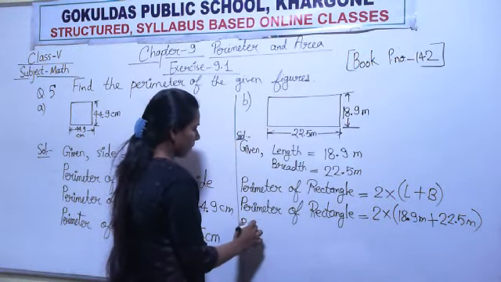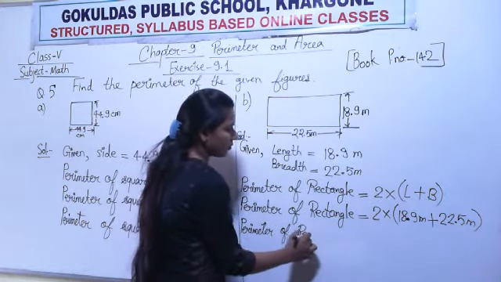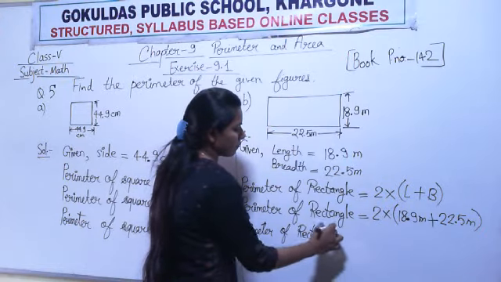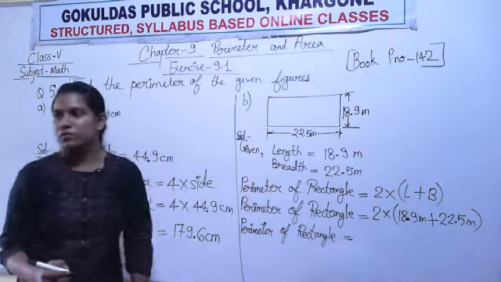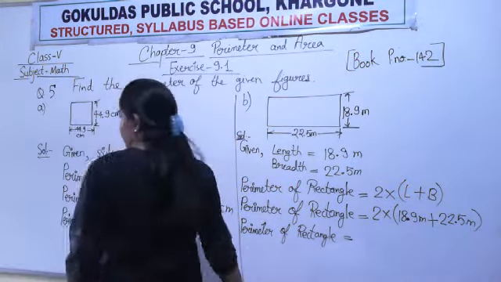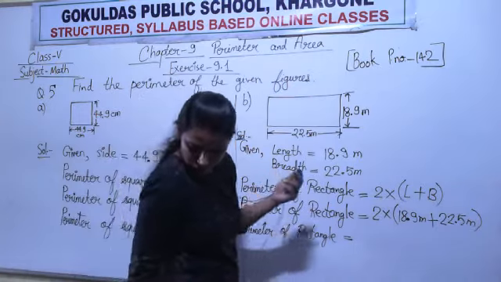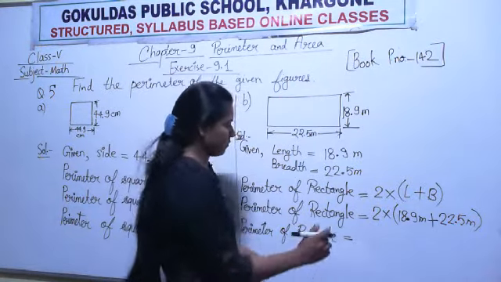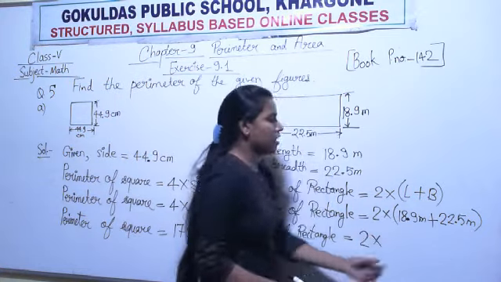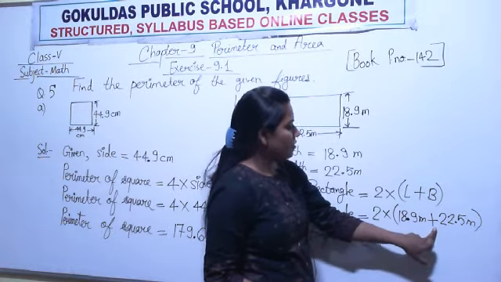Now perimeter of rectangle is equals to, here in the bracket, these two numbers must be added.